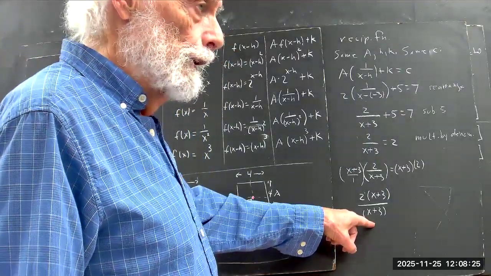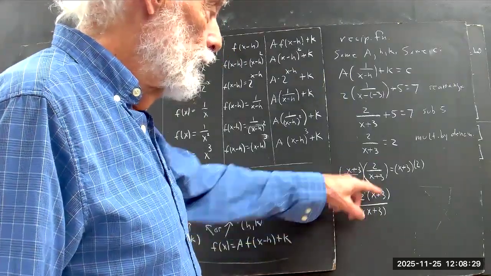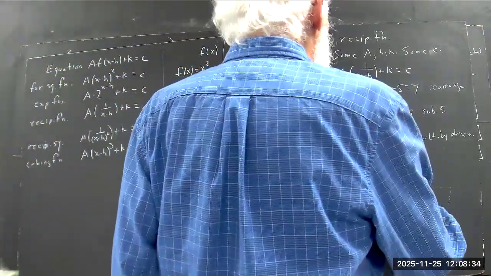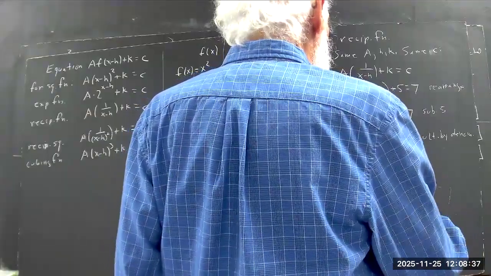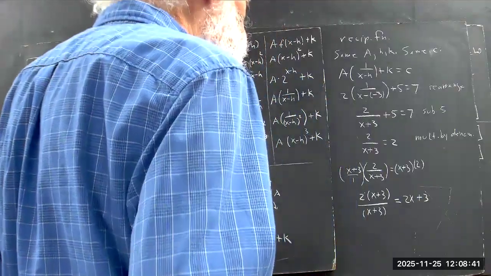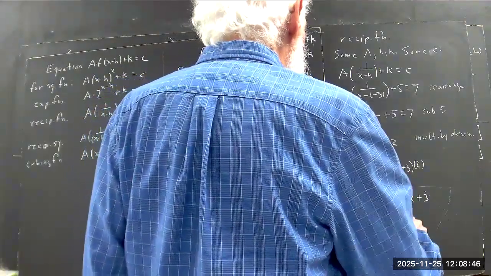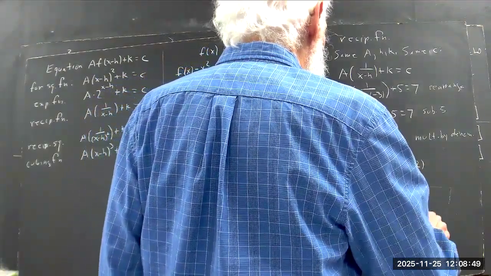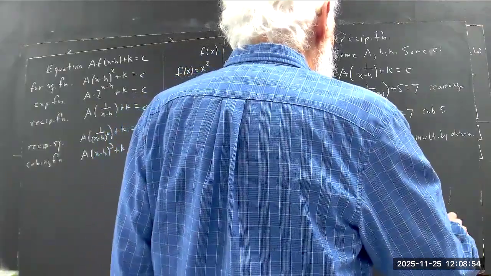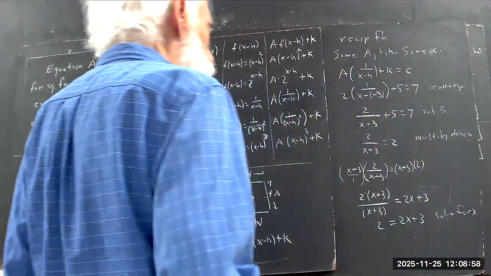X plus 3 is a factor of the denominator, and it's a factor of the numerator, so we can divide this x plus 3 into this x plus 3, which just gives us 1. On this side, we multiply through by 2, we get 2x plus 3. Once we divide this out, we get 2 equals 2x plus 3. And we solve for x, which is straightforward in this case.